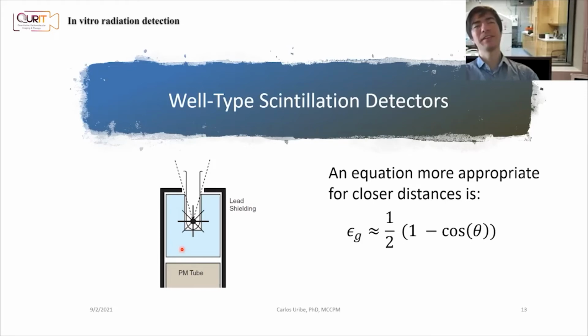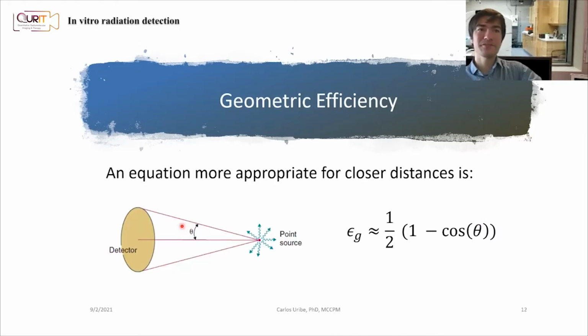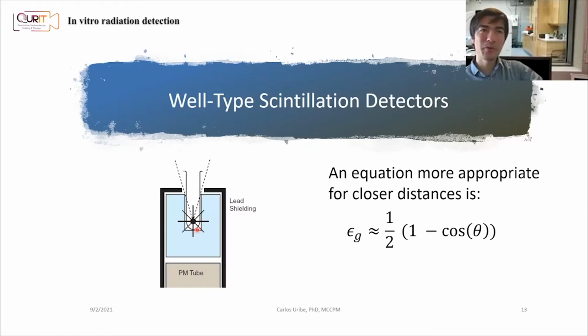When we think again about the geometric efficiency of the detector, what we see now is that this cosine of theta will be, for example, less than 45 degrees. What we end up covering is this big angle: 0 degrees, 90 degrees, almost 180 degrees.